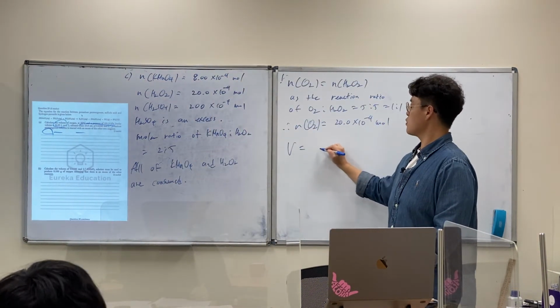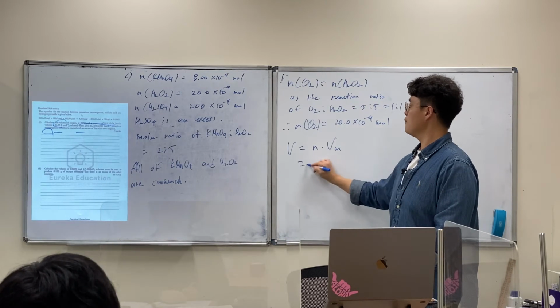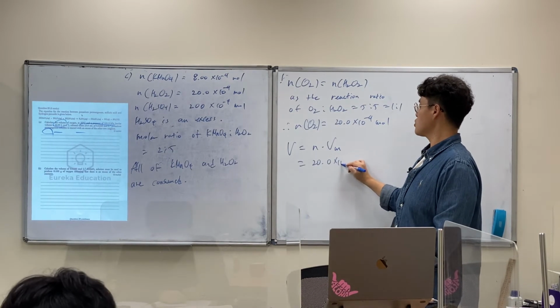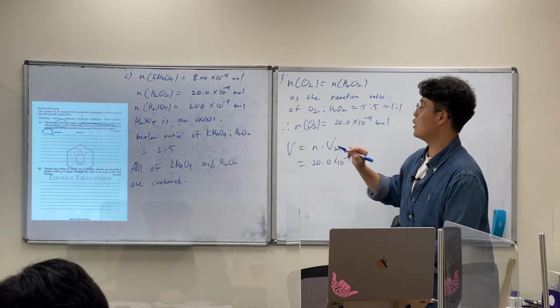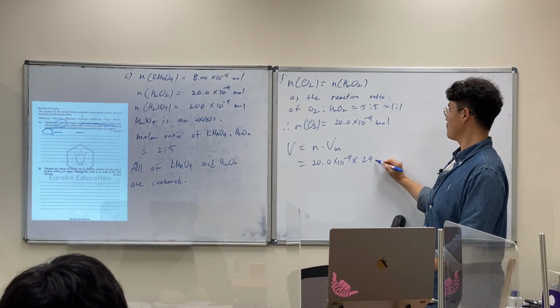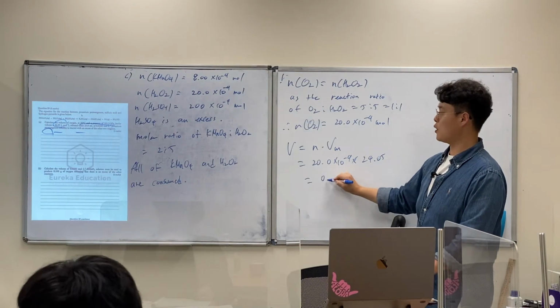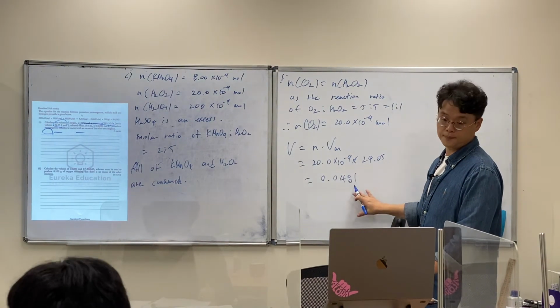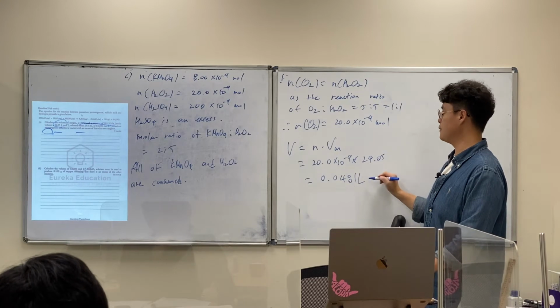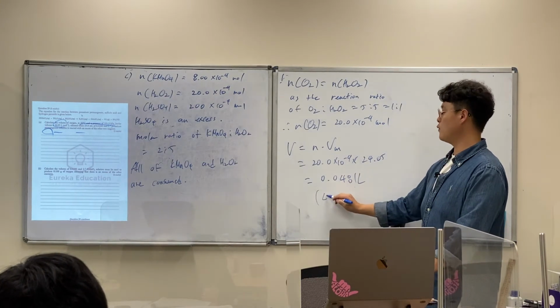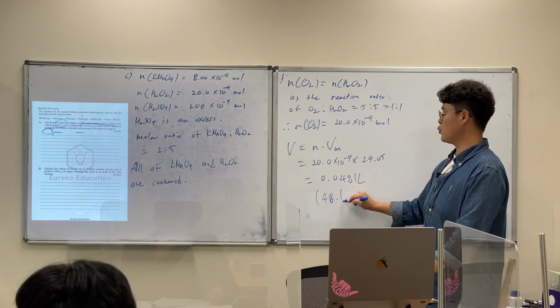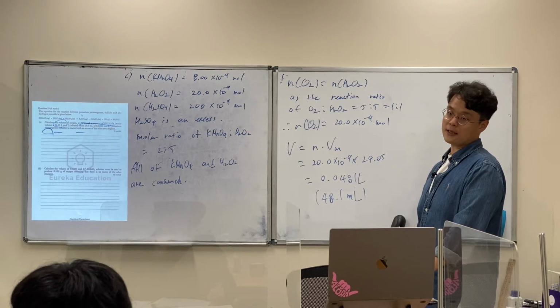So V equals n times Vm again. That's 20.0 times 10 to the minus 4 times 24.05. Then you'd get 0.0481 liter or 48.1 milliliter for your final answer.